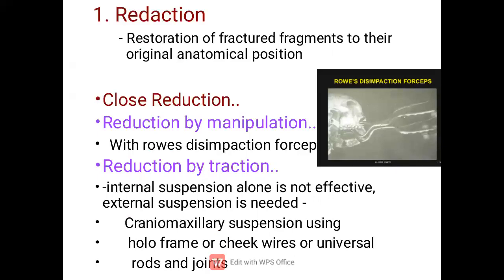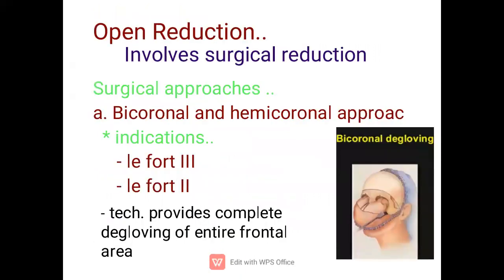Then reduction by traction: internal suspension alone is not effective, so external suspension is also needed to help internal suspension to work. External suspension is carried out through craniomaxillary suspension using the halo frame or Levant wires or universal rods and joints. So open reduction involves surgical reduction.